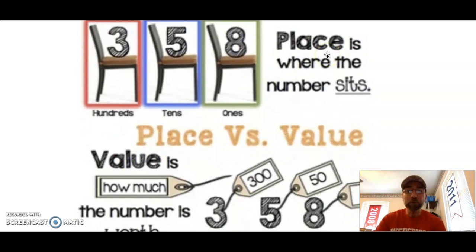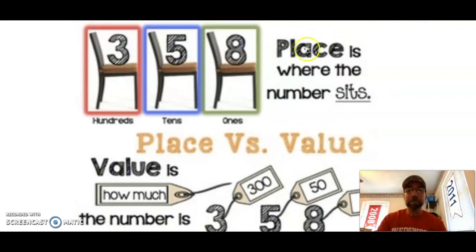So let's review from the other day. We learned two really important words, place versus value. Put them together, and what have you got? Place value. Remember that place is where the number sits. It can sit in the ones place, the tens place, the hundreds place, the thousands place, and on and on and on.